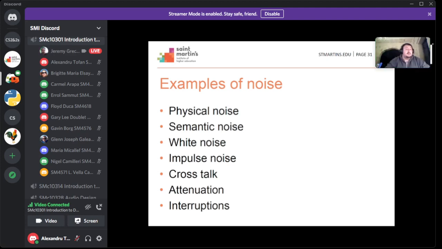Another form of noise is the white noise. White noise can come from a number of different elements.